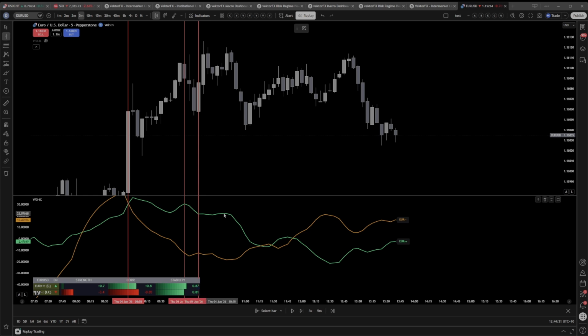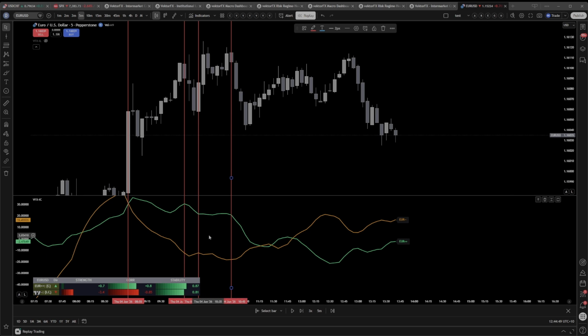All right, let's mark out to there. I'll move it across a bit to there. What's happening? We can see they're pretty much paralleling for most of that.